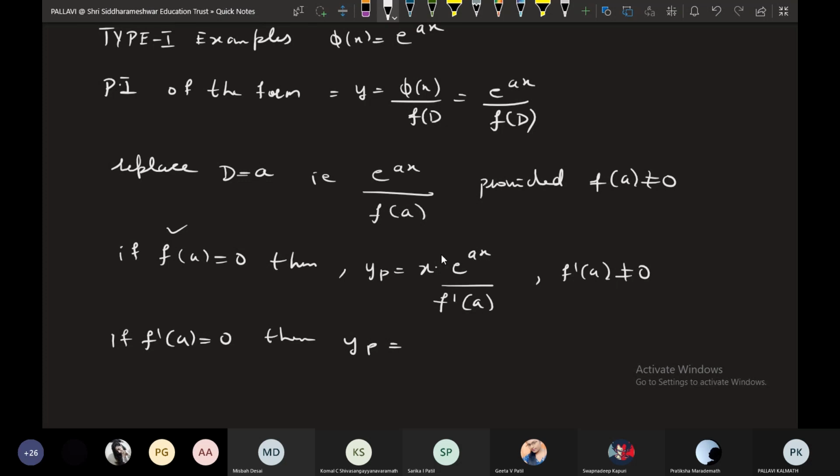So if you again get f dash of a equal to 0, then in any case, instead of x, you multiply one more x. So it will be x square into e raised to ax divided by the double derivative of the function at the point a. This will continue.